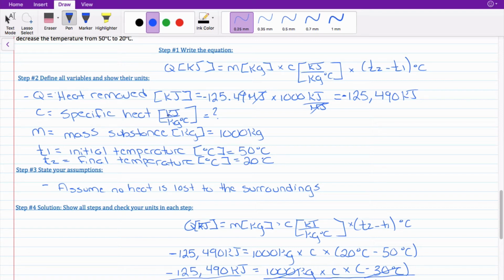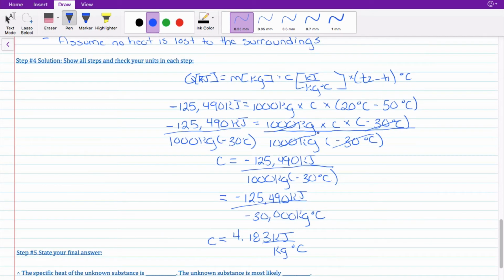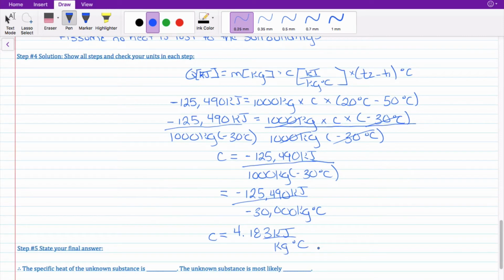We want our final answer to be in kilojoules per kilogram Celsius. When we carried our units through and crossed them out, at the end we were left with kilojoules per kilogram Celsius. So if you miss a step, the units won't make sense, they won't be what you want your final answer to be. It'll help you catch a mistake before you come up with your final answer. So it's a good practice, even though it takes a little longer, to always write your units out.